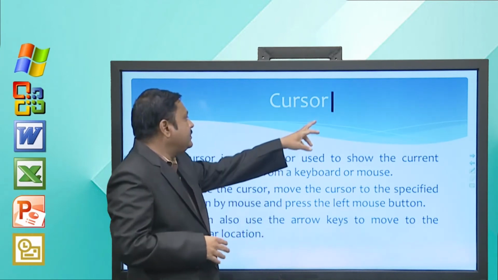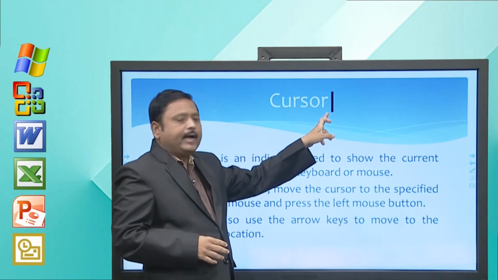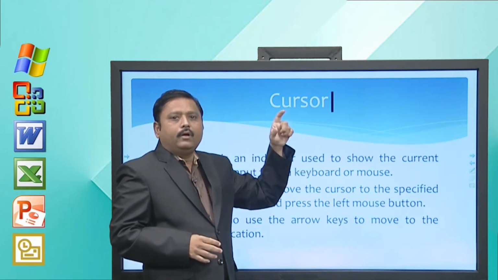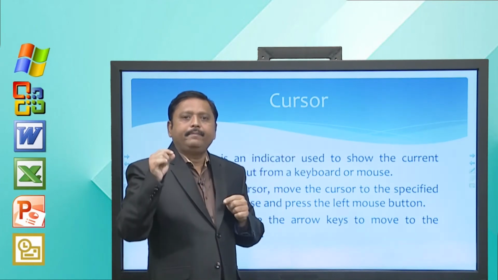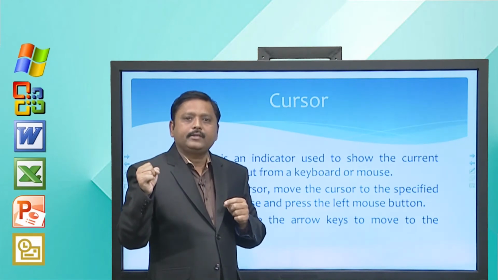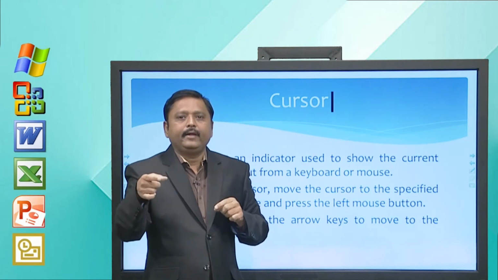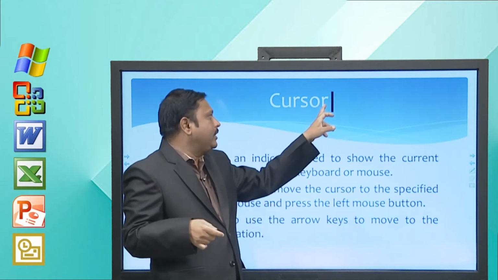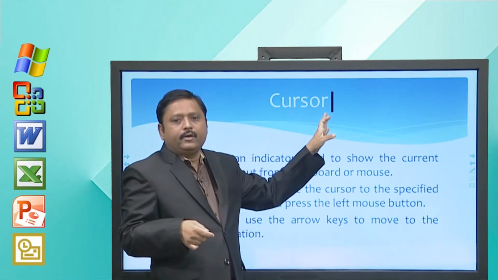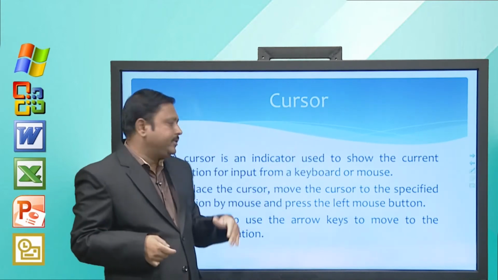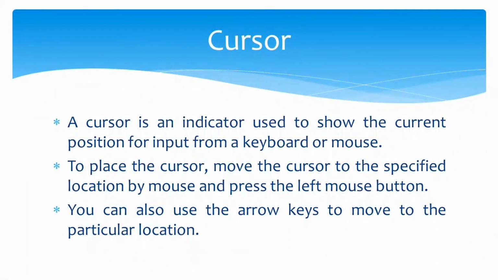You can see on the screen this kind of vertical bar is blinking, so that you can understand this is the position where my text will be inserted. So, the cursor is something like this. Next, you can place the cursor at whatever position you desire.